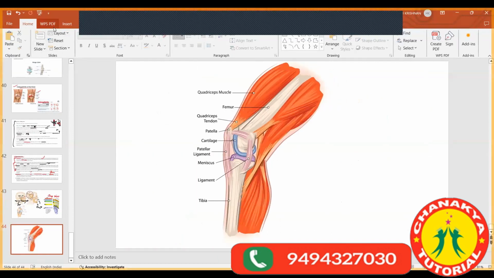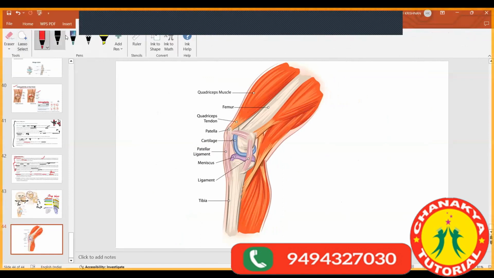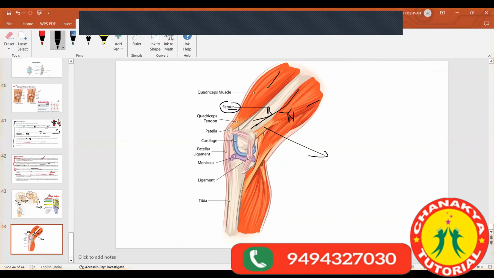So can you see this joint? This is a somewhat lateral view, which is okay. These are the muscles and tendons. This is a tendon that is connecting the muscle to the bone. This white area is the femur bone, as we discussed. It is connecting muscle to bone, so it is called what? Tendons. So tendons connect muscles to bones.